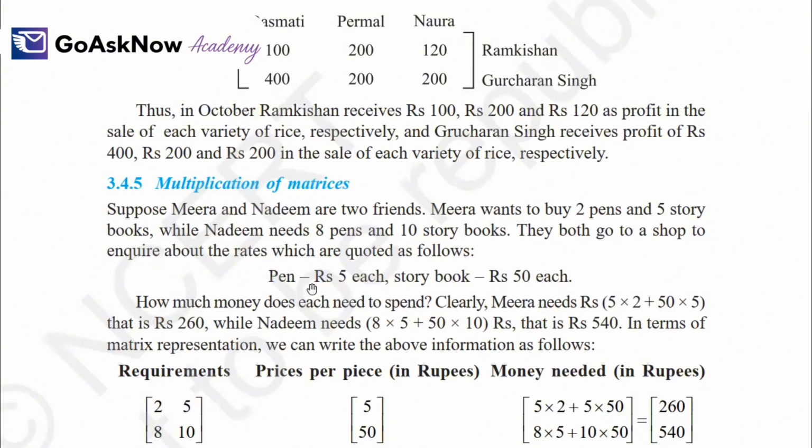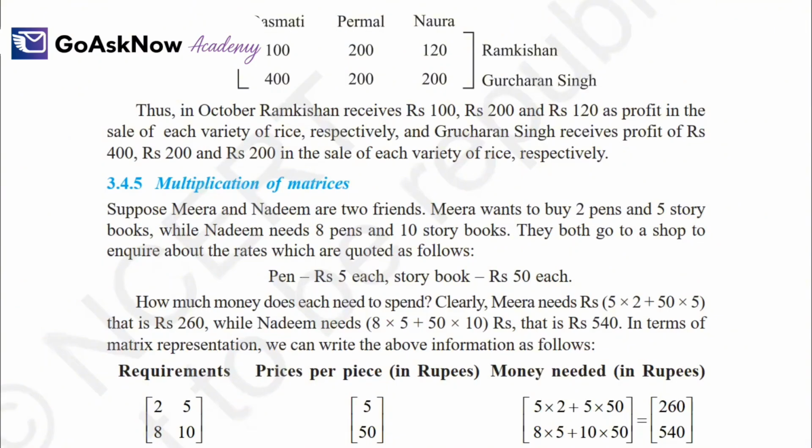Suppose Mira and Nadeem are two friends. So here we have to suppose that there are two friends, Mira and Nadeem. Mira wants to buy 2 pens and 5 storybooks. Okay. While Nadeem needs 8 pens and 10 storybooks.